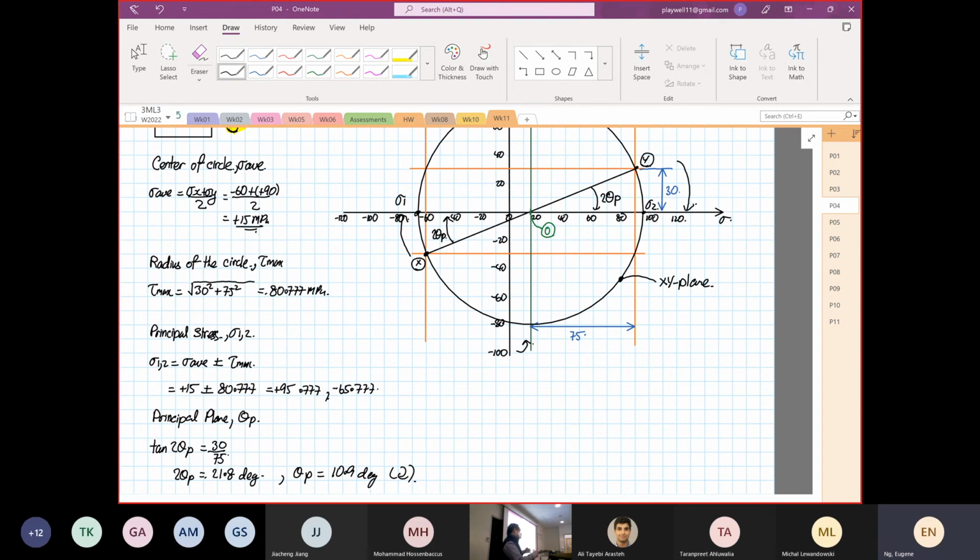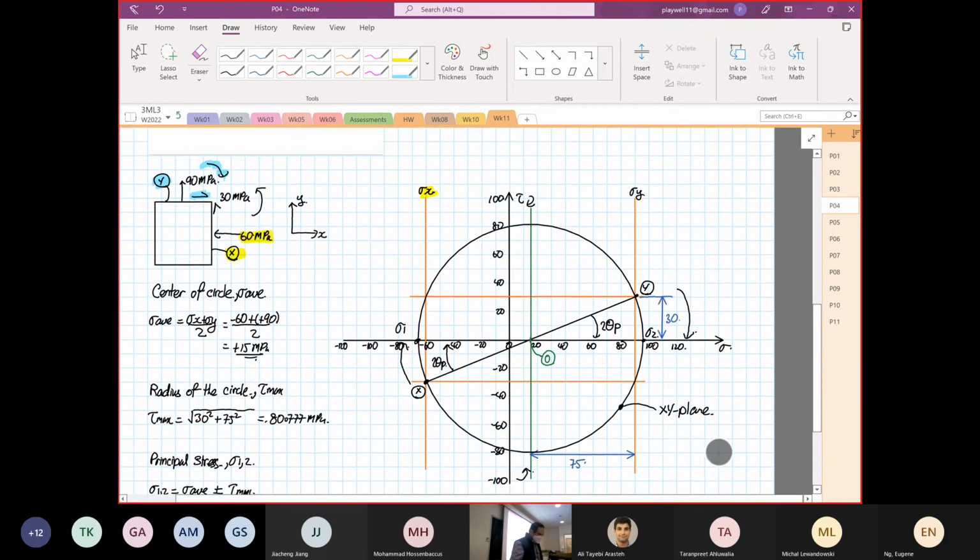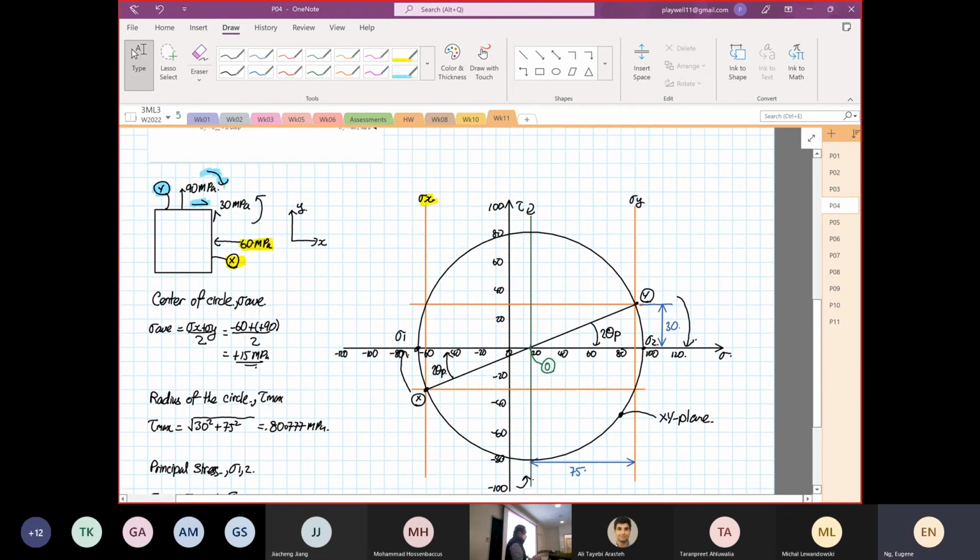Okay, what have we accomplished so far? You are now capable of going from the element to the Mohr circle, yes or no? You can transfer the information from the element to the Mohr circle.